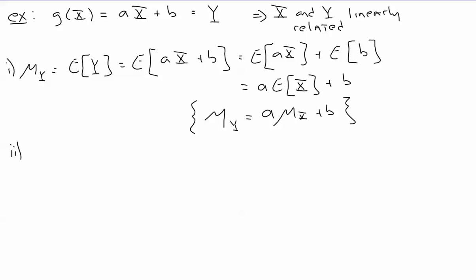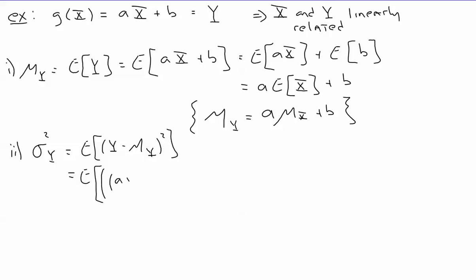Let's find the variance of y. All right, the variance of y is the expected value of y minus mu y quantity squared. All right, and this is going to be the expected value of a x plus b minus a mu x plus b quantity squared.